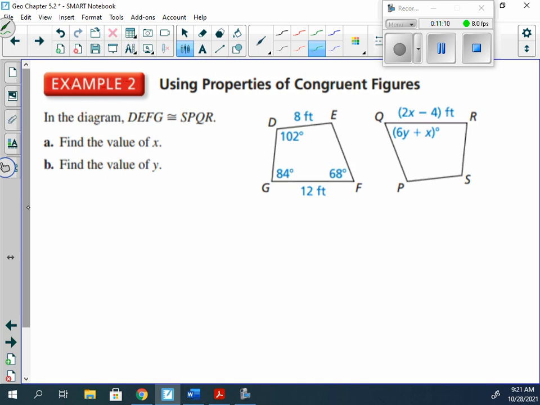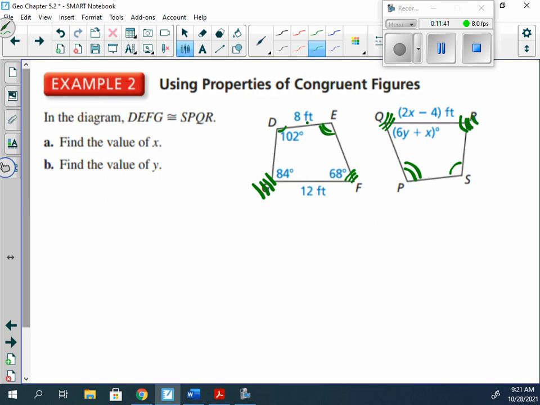Since I started with D, angle D is going to be congruent to which angle? E is going to be congruent to P. F would be congruent to Q, because F matched up with Q. And lastly, G would match up with the last angle.